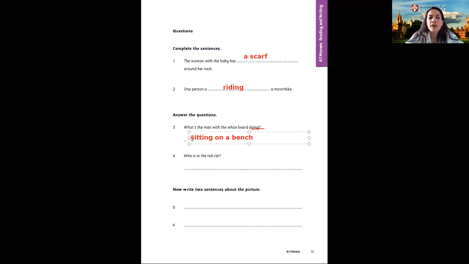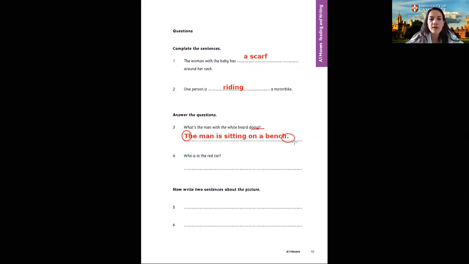Okay, but if you write a complete sentence, the man is sitting on a bench, well, your sentence is more than correct. Be careful to use capital letters and periods at the end of the sentence, okay?